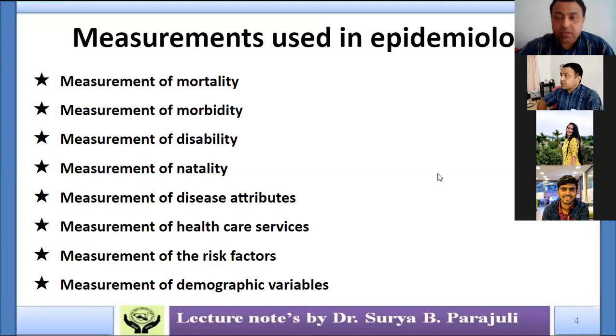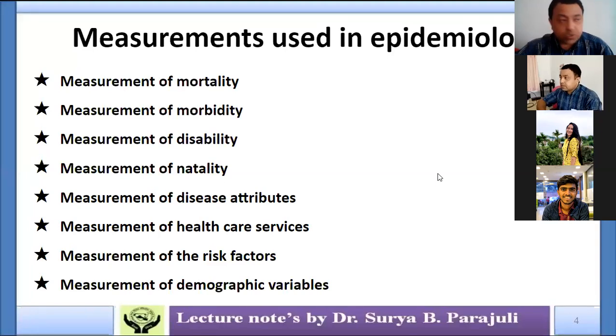There are two parts in his definition. One is to study various things. Based on frequency, actually it is not written in his definition, but frequency means prevalence or incidence.